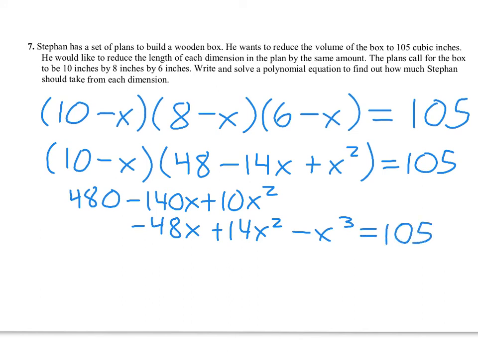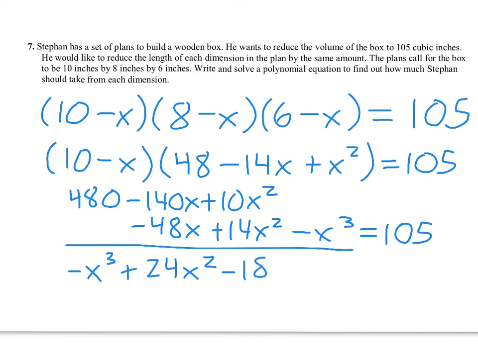Okay, so rearranging it and combining like terms, I get negative x cubed plus 24x squared minus 188x plus 480 equals 105.